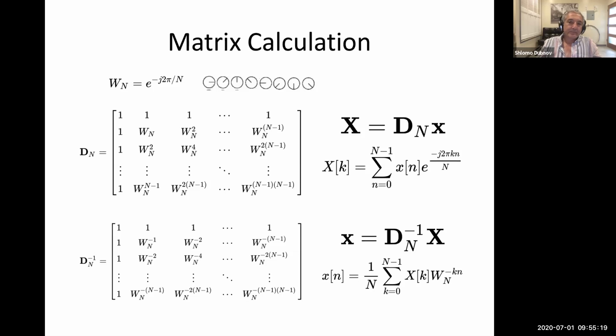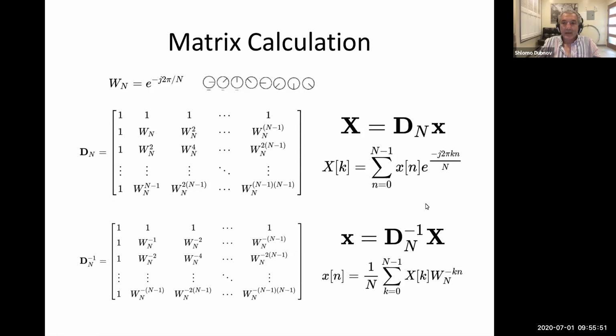And then you can go back, and this is really one of the major advantages of this representation. You take the same matrix, well, it needs to be an inverse, but it so happens that the inverse of this matrix is just the conjugate of the original matrix.